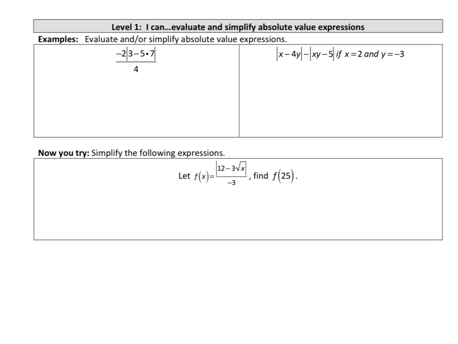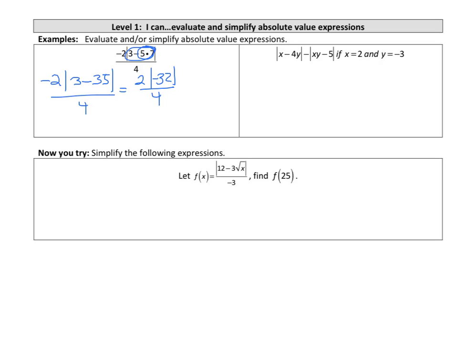So for this first example, I'm going to simplify inside the absolute value first. And following order of operations, I would multiply before I subtract. So I get 3 minus, and then 5 times 7 is 35. And then I would subtract inside the absolute value. 3 minus 35 is negative 32. So I get negative 2 times the absolute value of negative 32 over 4.